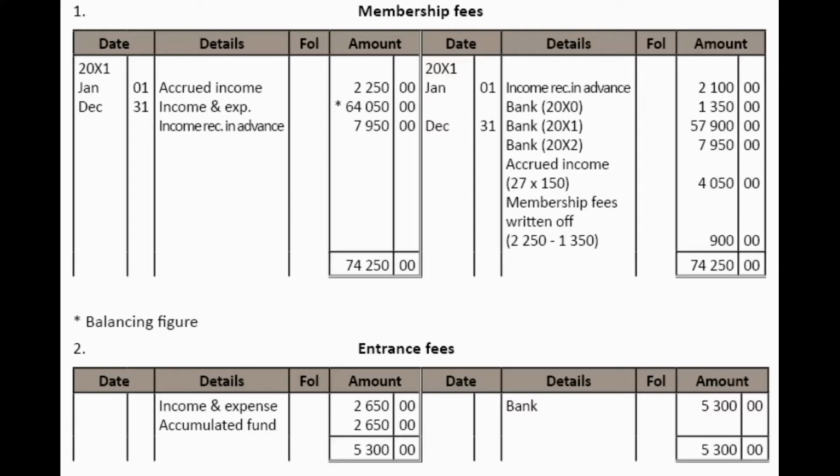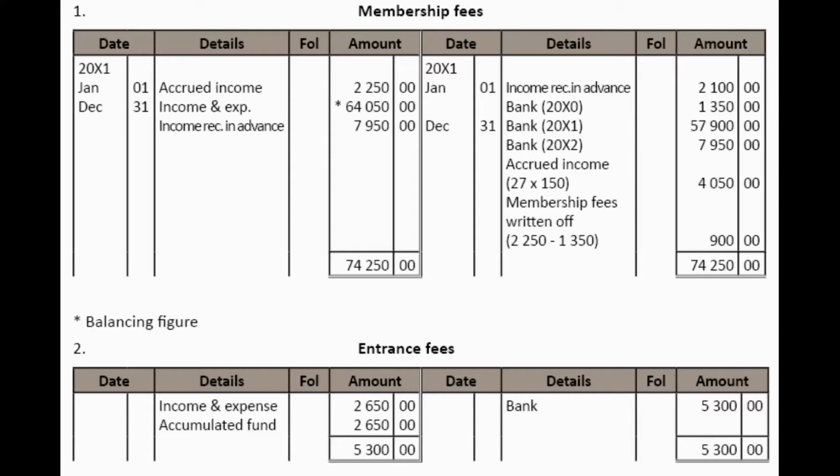So you credit your membership fees account and you open your little T account, accrued income, 4,050. All right. Now we must calculate the amount that we must write off. How do we know that? We know what was accrued for the previous financial year, at the beginning of this year. Remember, it's that adjustment that we wrote back at the beginning of the year.